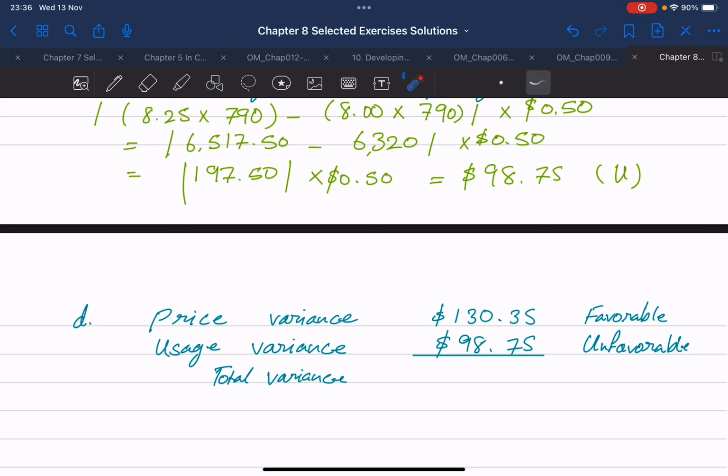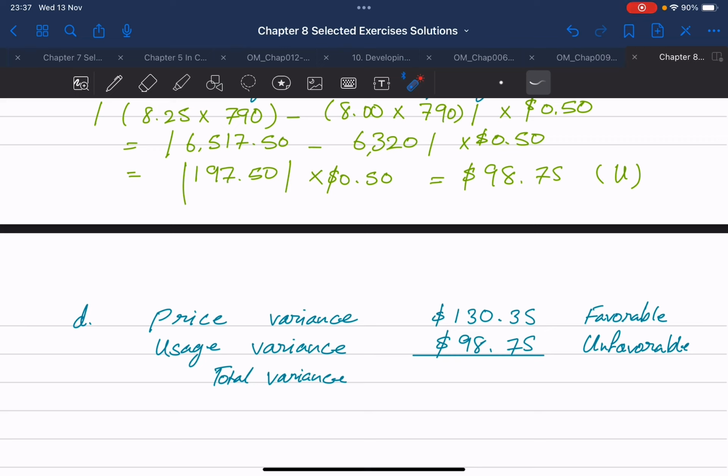Because one of these variances, which is the price variance, is favorable, whereas the other variance, which was caused by consuming more roses than the standard, was unfavorable. Okay, so one variance was positive, had a positive impact on the business. The other one was negative, it had a negative impact on the business.